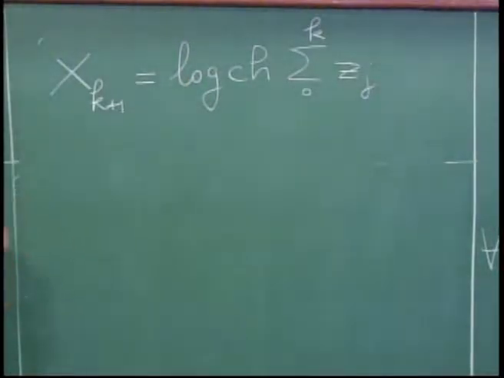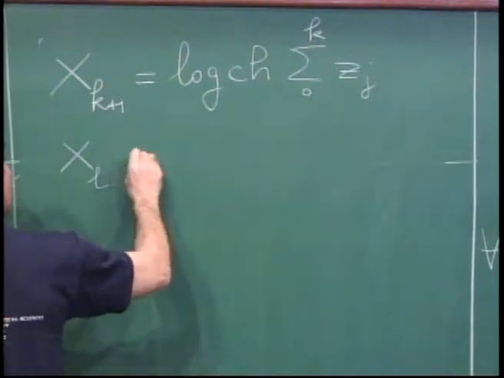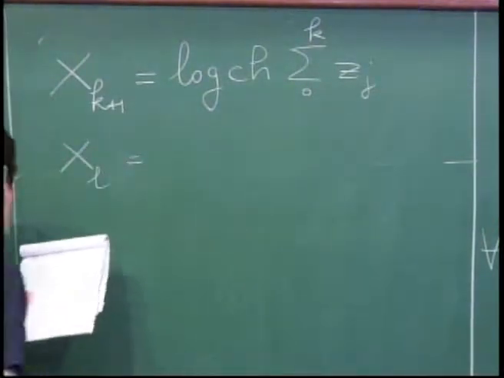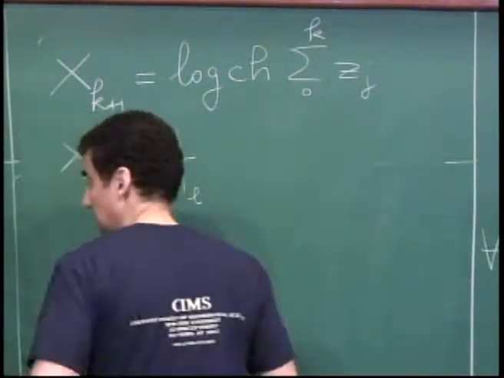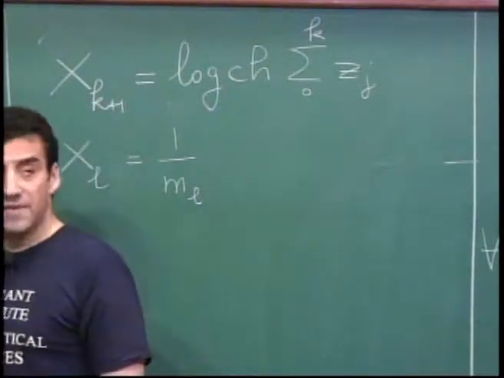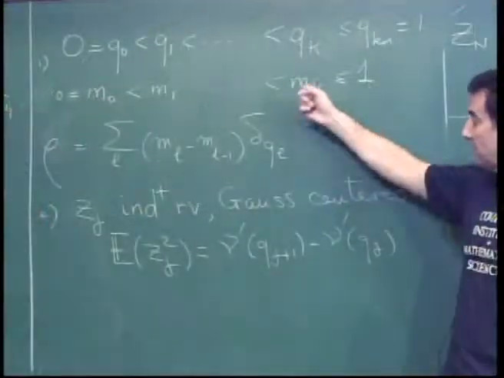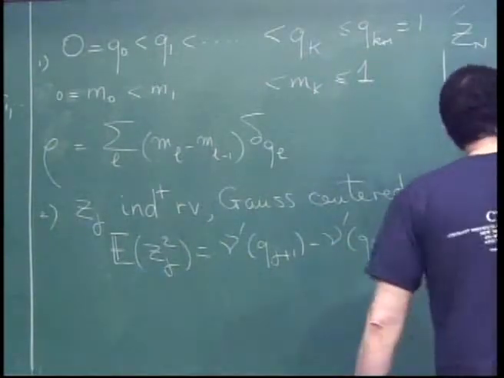And then I partially integrate it. So then I look at x_l, for l smaller than k plus 1, to be 1 over m_l. So for the moment in this definition, we don't have the mass of the atoms. We have the positions of the atoms only. Now I put the mass of the atoms.